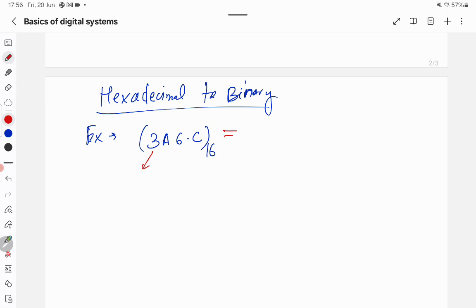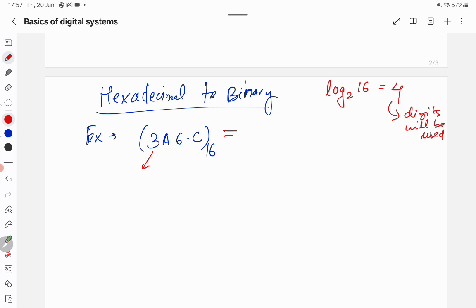How many digits should you use? As I said, the formula log 16 base 2 is 4. So you will use 4 digits.